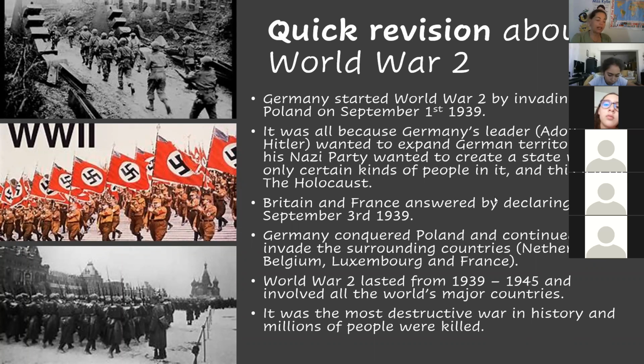So Adolf Hitler wanted more land. He wanted to gain more for Germany. And his Nazi party wanted to create a state with only certain kinds of people in it. And this led to the Holocaust.